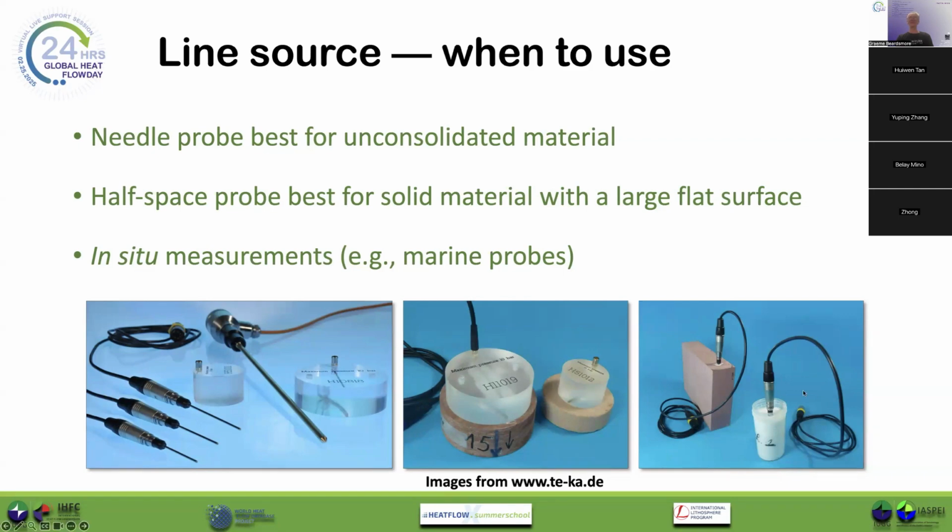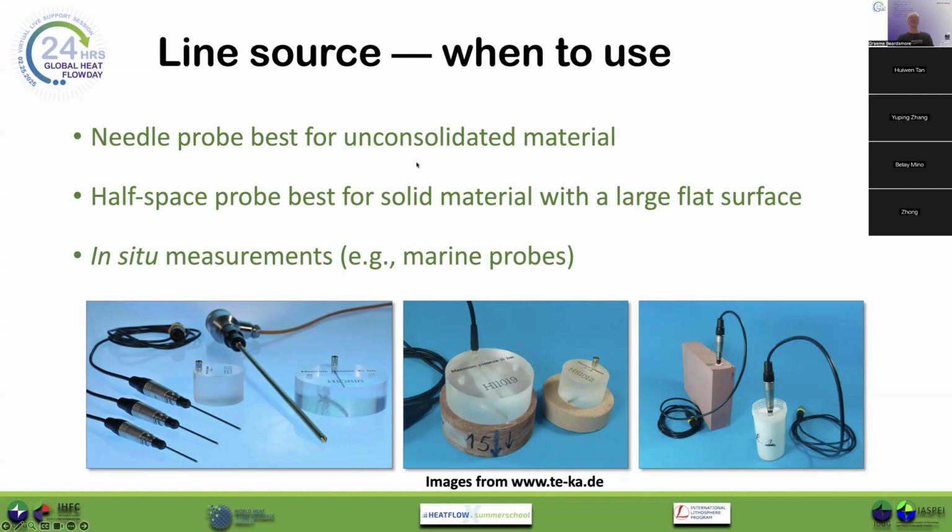These are all laboratory scale, but needle probes, or the needle probe theory, is also good for scaling up to much larger scale. So needle probes tend to be best for measuring unconsolidated material.